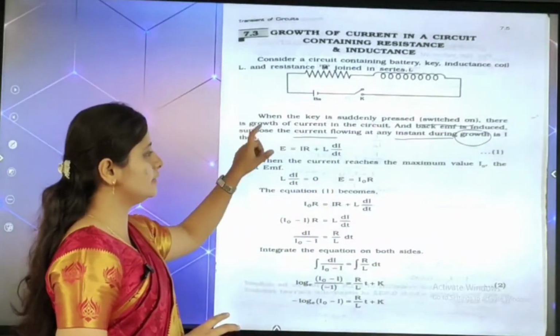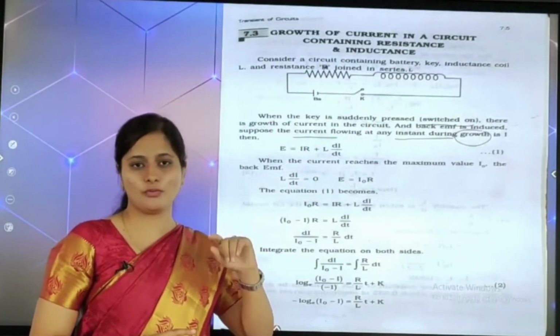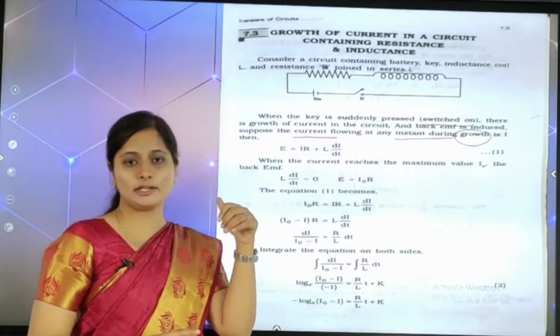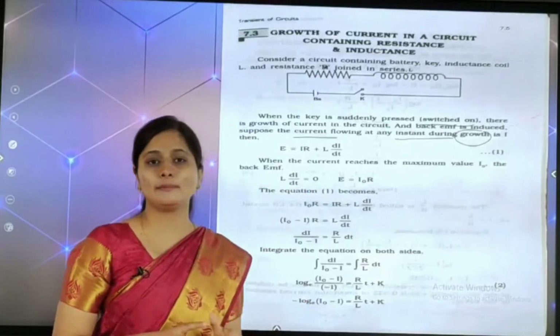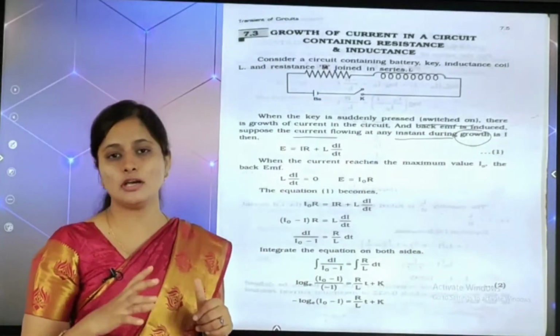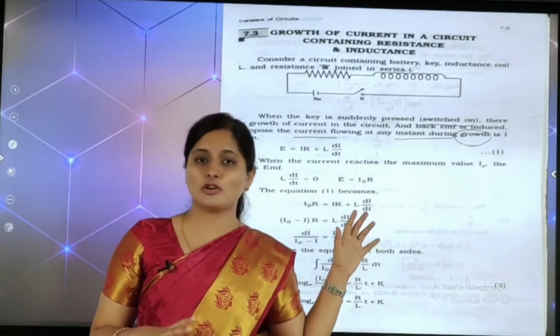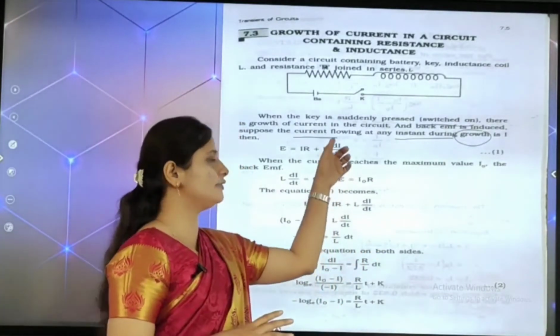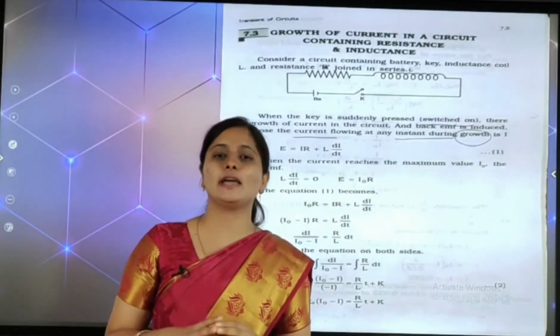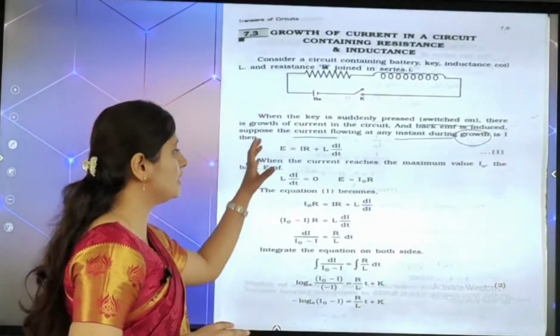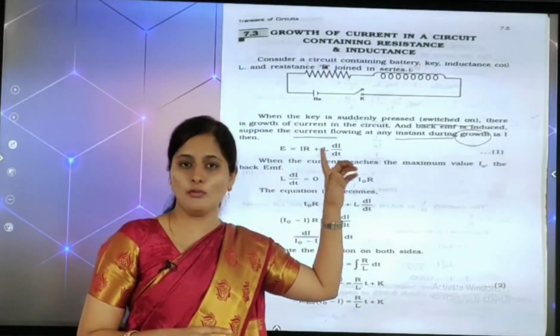Okay, so here we get our equation number 1. E is nothing but the electromotive force. I into R means current with respect to resistance. And L is the inductance of the coil and di by dt is the rate of change of current. So we get here our equation number 1.